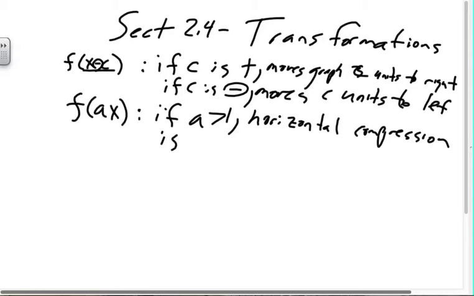And basically, if a is a fraction, it's bigger than 0, but less than 1, then it's a horizontal stretch. Remember, the numbers inside tend to work the opposite of what you think they are. Okay.